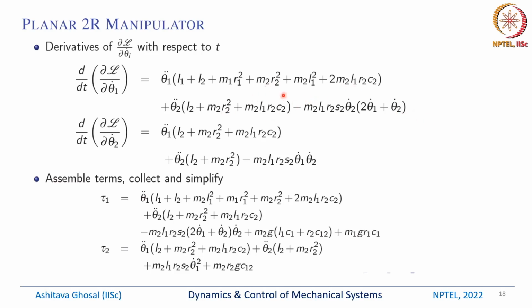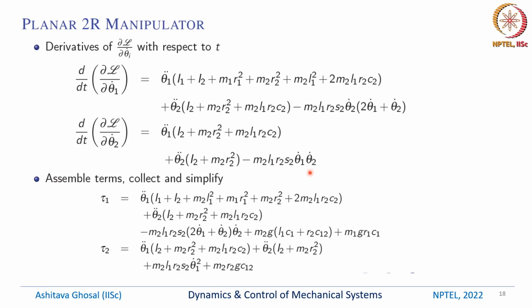So there are some terms which are like theta 1 double dot into something and theta 2 double dot into something, but then you will get some terms which are 2 theta 1 dot theta 2 dot or theta 2 dot square. The time derivative of the second part, the partial Lagrangian with respect to theta 2 dot, again you will see some terms which are theta 1 double dot into something, theta 2 double dot into something, but then you will also have a term which is theta 1 dot theta 2 dot.